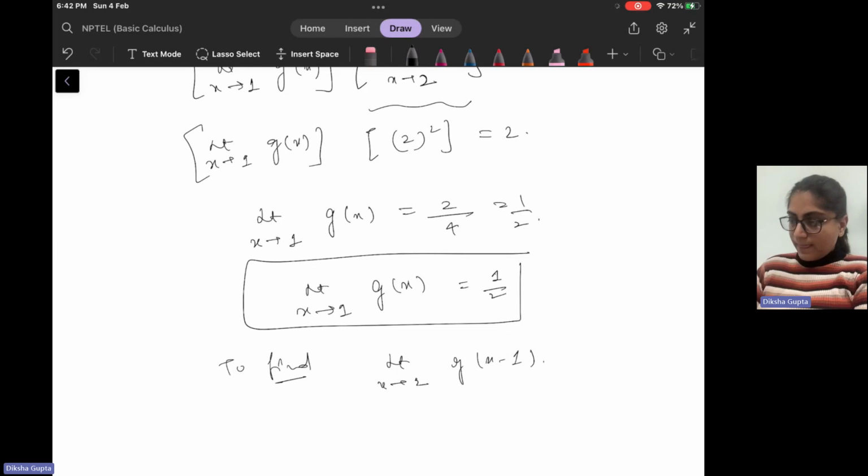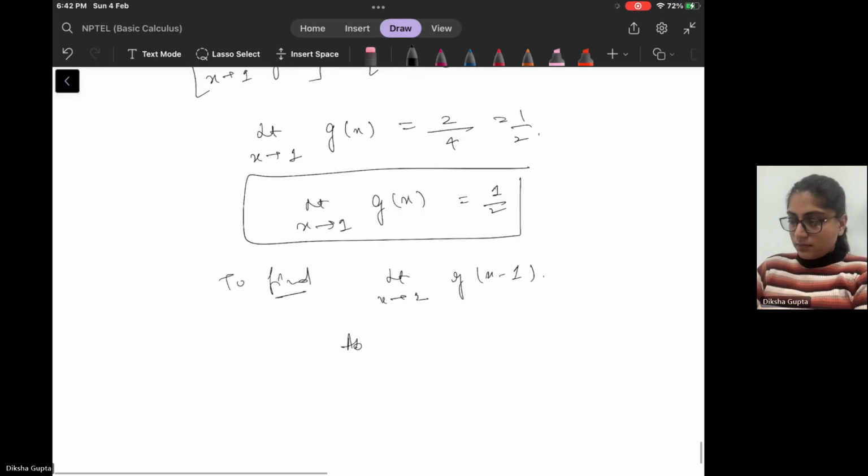Now see, just assume we know the limit at the point 1. We assume the argument inside the function to be, let t equals x minus 1.